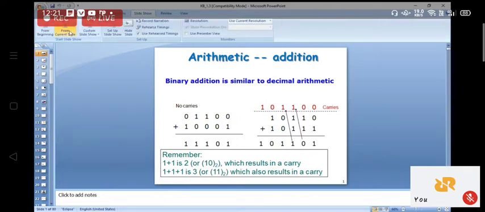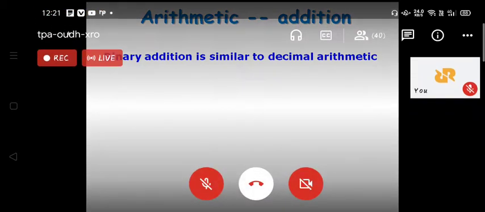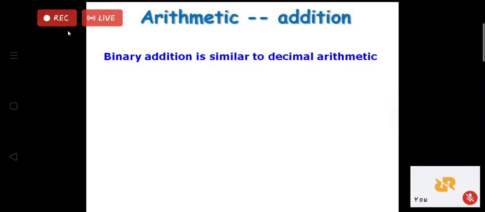In 5 minutes, we will brush up the things we have done. We are familiar with decimal arithmetic, and mostly we are comfortable with the decimal number system. We can easily add numbers in decimal form.